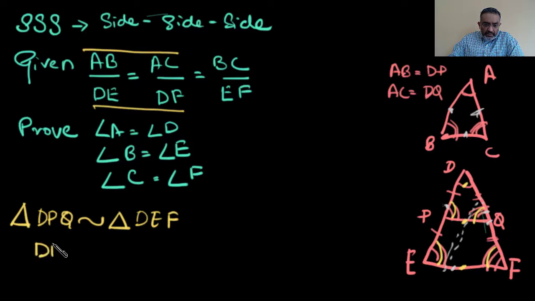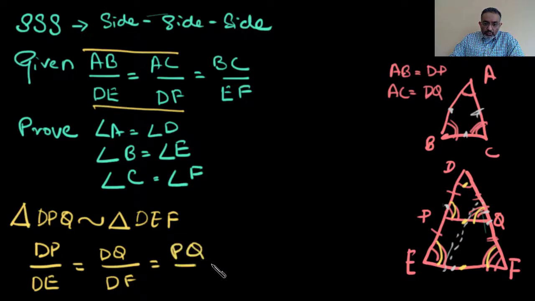We get DP by DE is equal to DQ by DF is equal to PQ by EF. Now this DP is equal to AB, and this DQ is equal to AC.